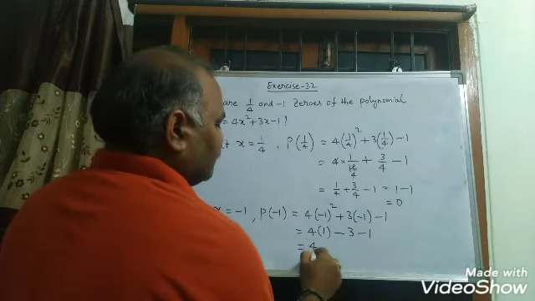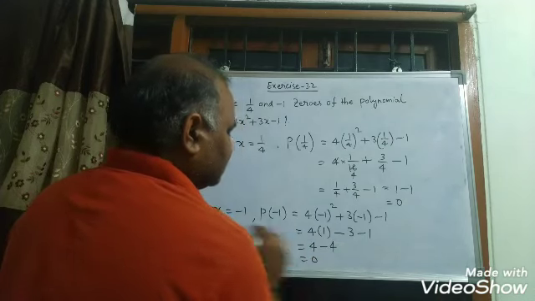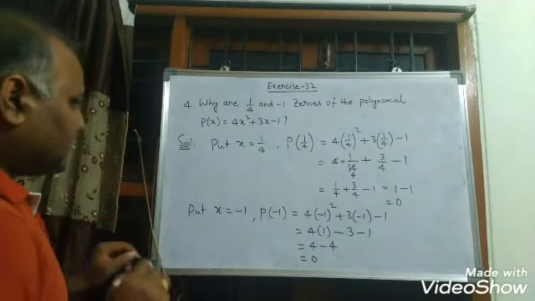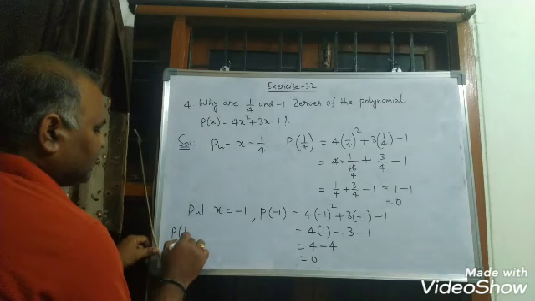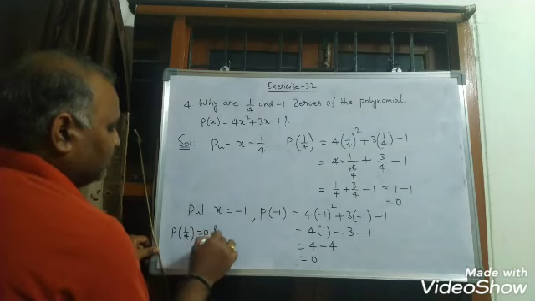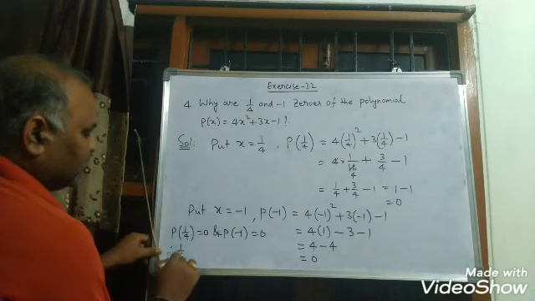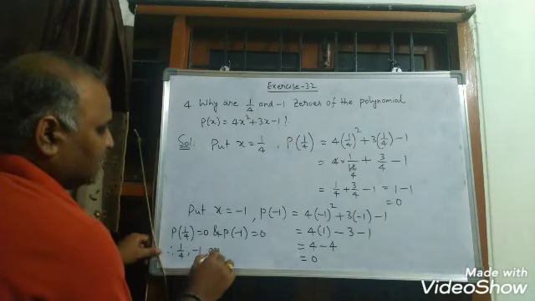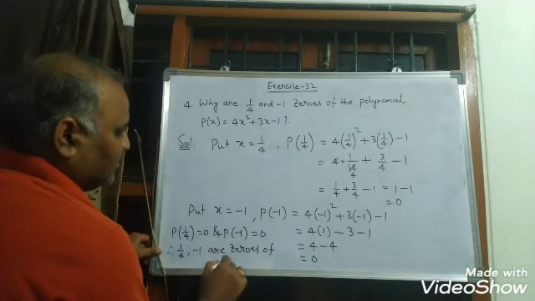So this is also 4 minus 3 minus 1, which is 0. So the answer is 0. Therefore, at these two values, p(1 by 4) equal to 0 and p(minus 1) is also equal to 0. Therefore, 1 by 4 and minus 1 are zeros of p(x).